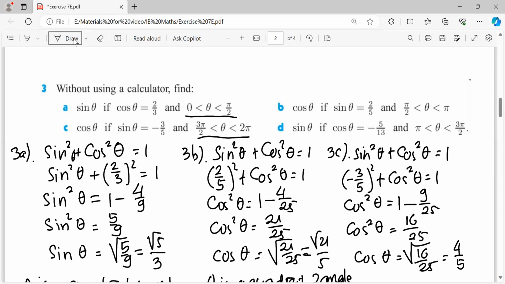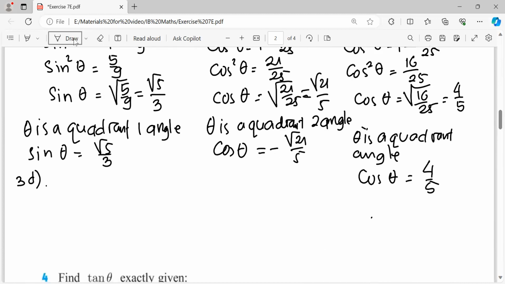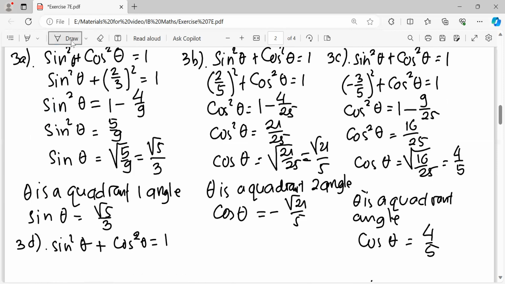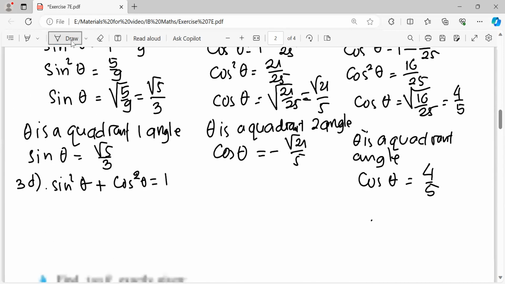We use sine squared theta plus cosine squared theta equals 1, with cosine theta equal to negative 5 over 13.